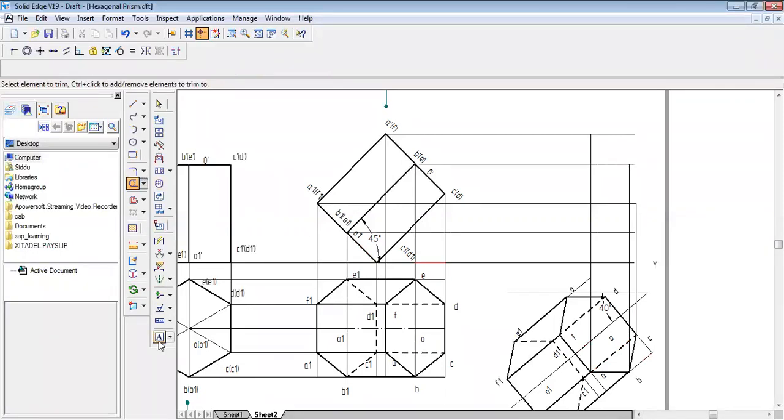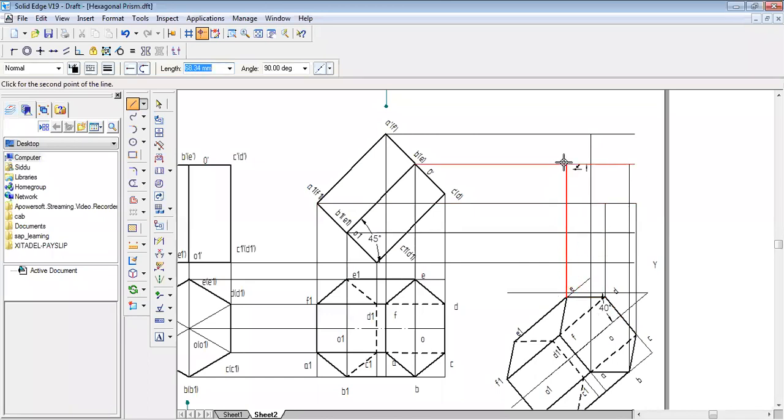Then go for D. D is here. E is here. So now let us name now. So this is your E dash, D dash, C dash, B dash, and A dash.